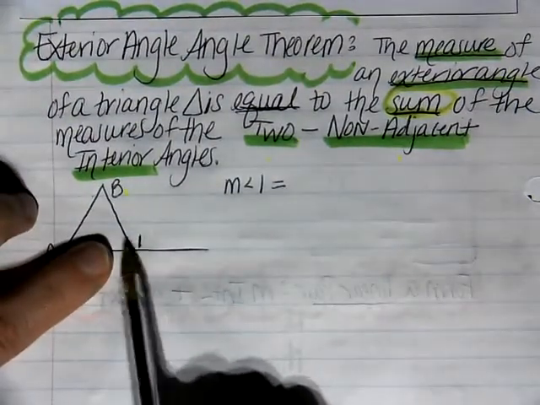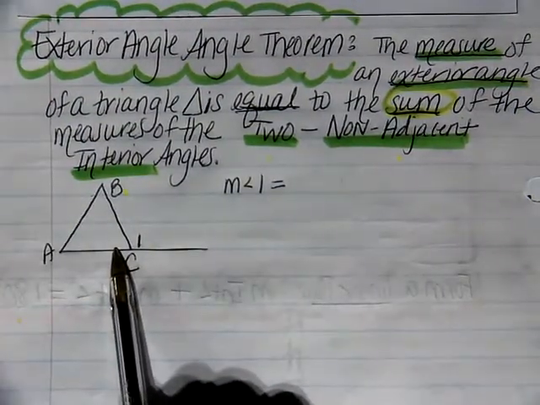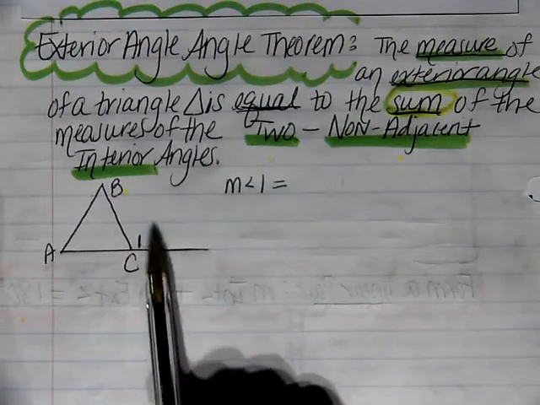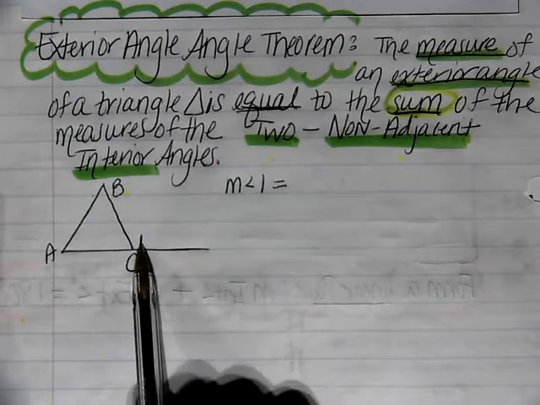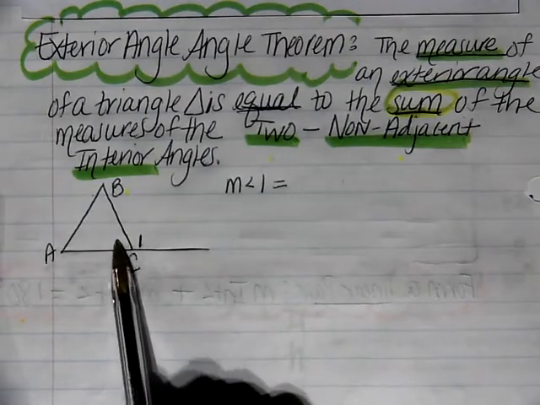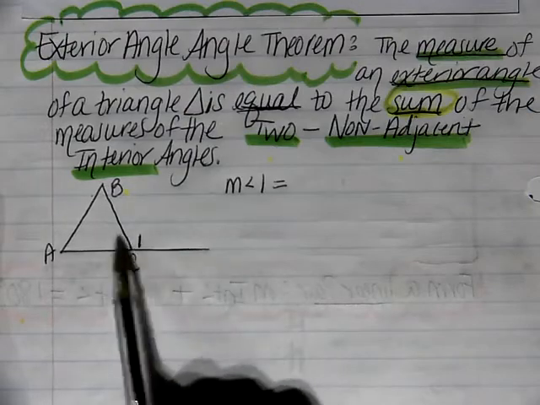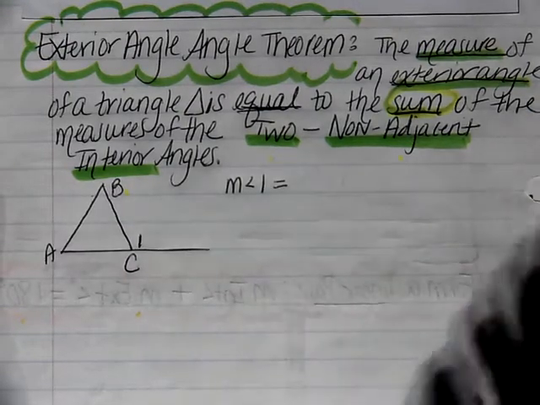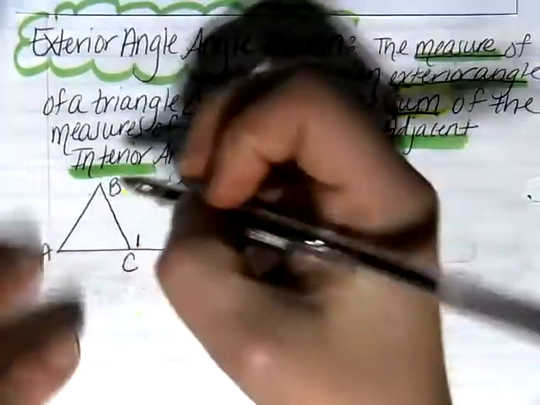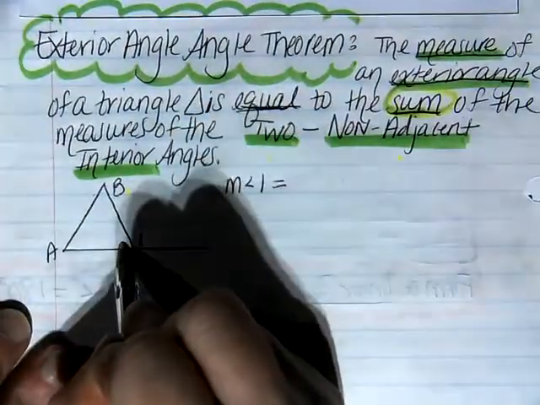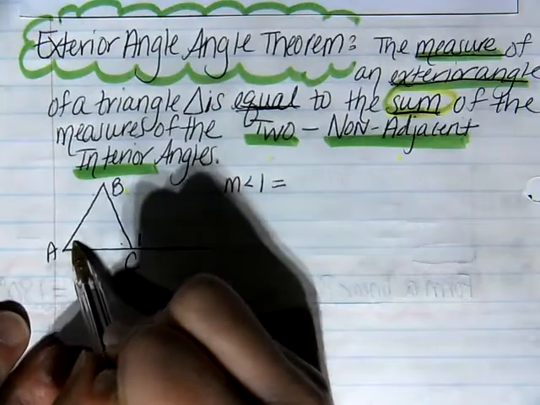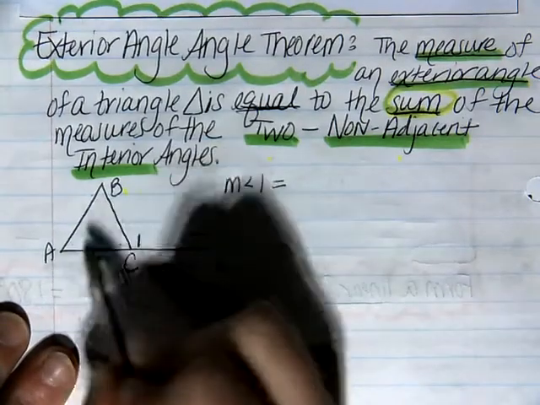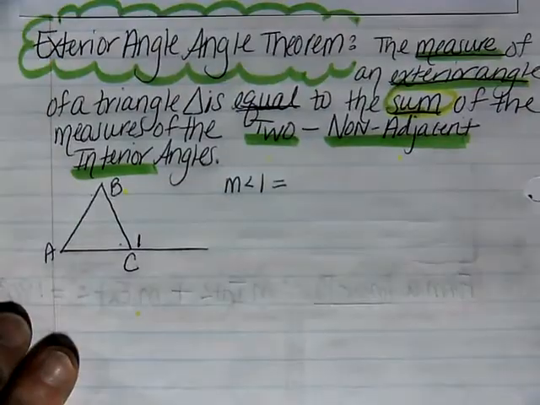So the angle that is adjacent is angle C. And that's because together, angle 1 and angle C would form a linear pair. They would add to equal 180. But we also know that the measure of angle C plus the measure of angle A and the measure of angle B also equal 180.